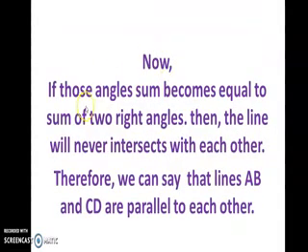Now, if those angles' sum becomes equal to the sum of two right angles, then the lines will never intersect with each other. Therefore, we can say that lines AB and CD are parallel to each other. This is how we can conclude that Euclid's fifth postulate implies the existence of parallel lines.